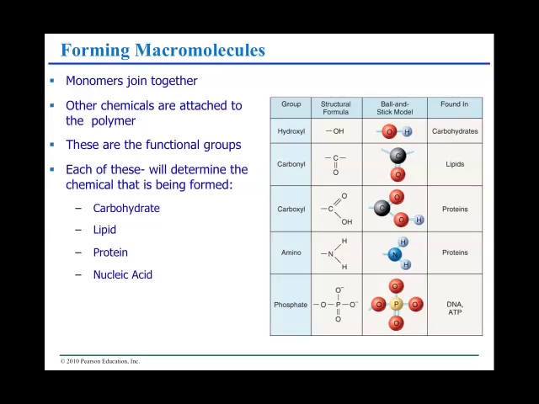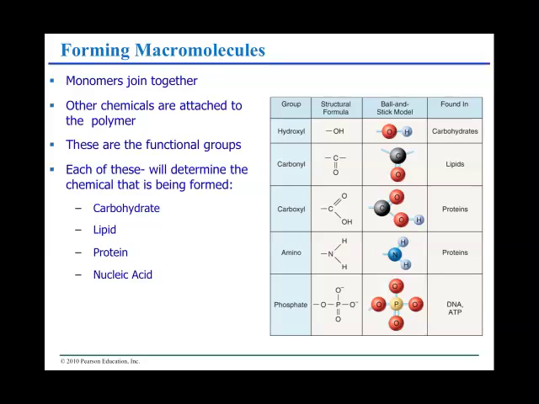So to form these macromolecules, the monomers have to join together to become a polymer. You attach functional groups to this polymer, and it's all of these together that form the four major compounds that we're looking at. And you can see on the right side, there's the structural formula, which shows just the lines or the equal signs. And then the ball and stick model, which you're going to be doing in class as a lab.